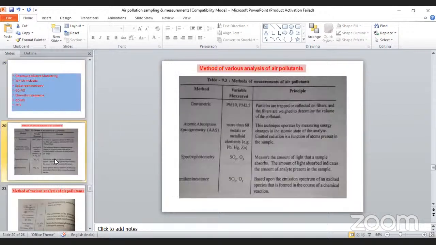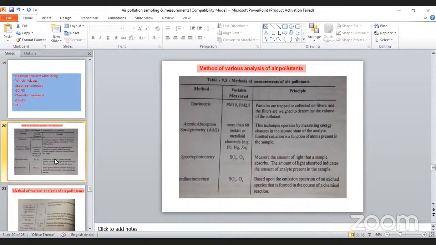The basic principle involved in this gravimetric method of analysis is the particulate matter is trapped or collected on filters, and then the filters are weighed to determine the volume of pollutant.